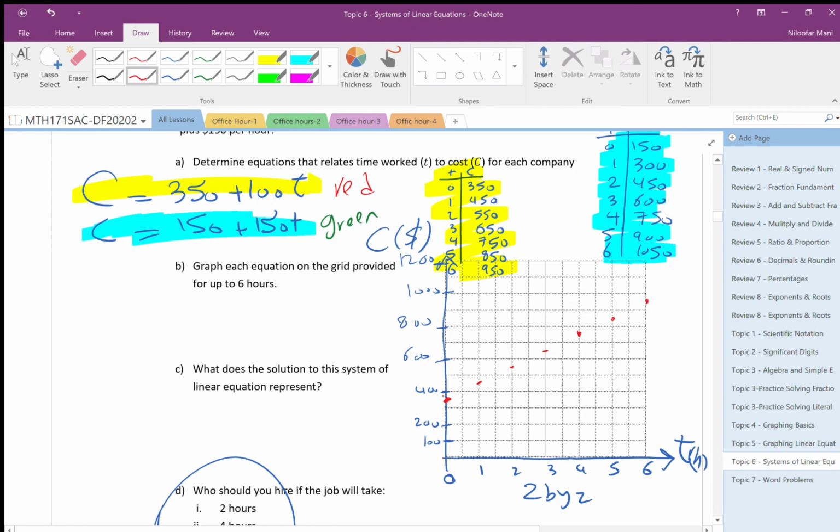Okay. How about the other one, green? So 0 and 150, you start here, and 1 and 300, 2 and 450. Am I right? 2 and 450. Yes.